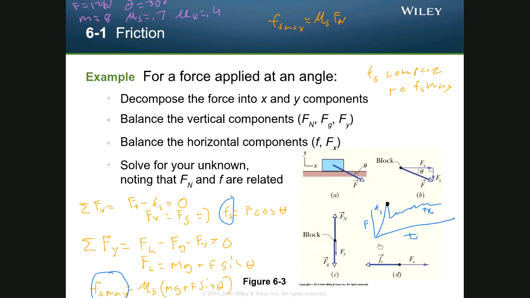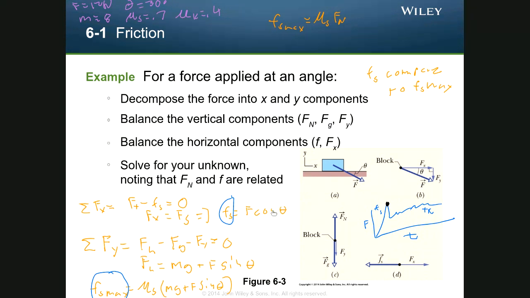Again, I think the important thing to see is that the sum of the forces gives you the normal force and the applied static friction. So summing the forces gives you one number, right? This is 12 cosine 30. That gives you the static friction in the problem.